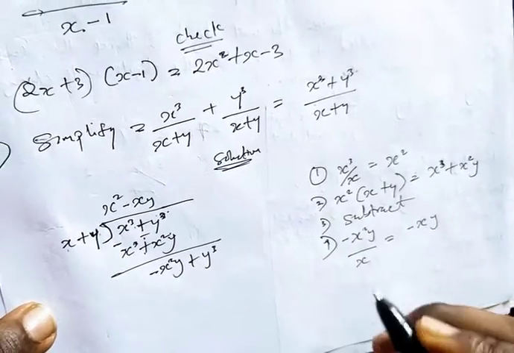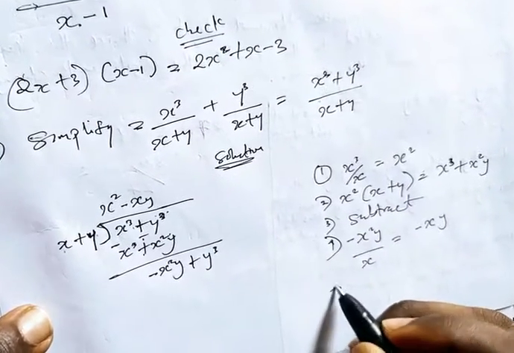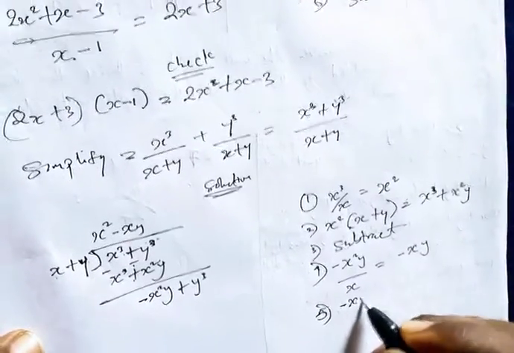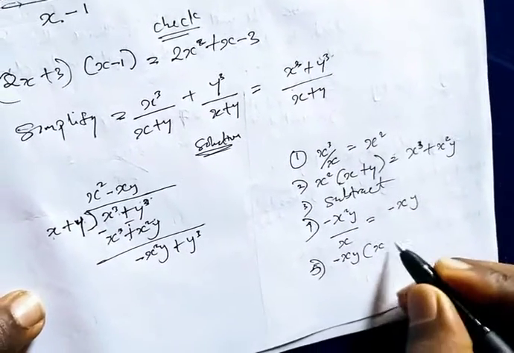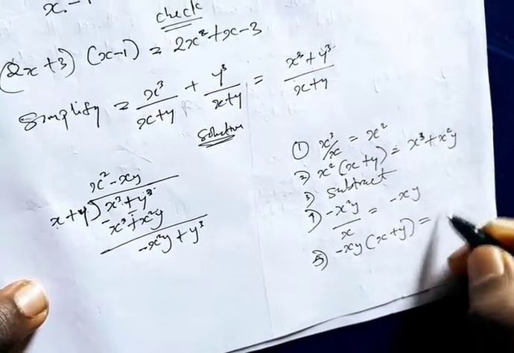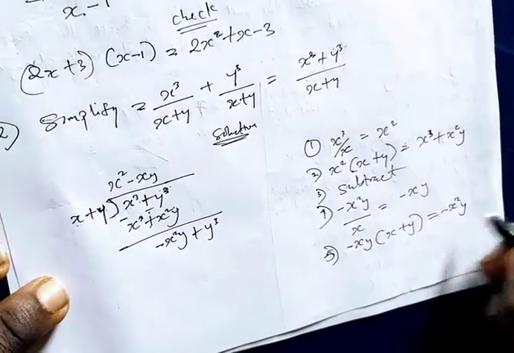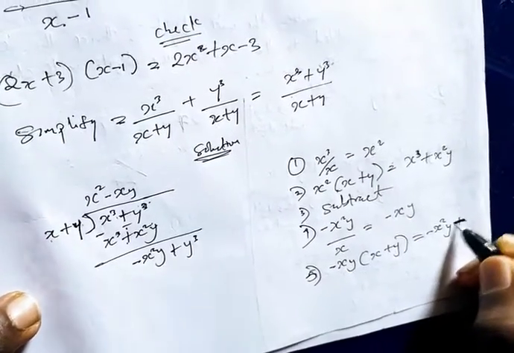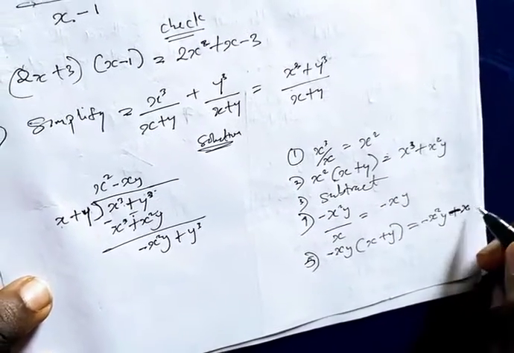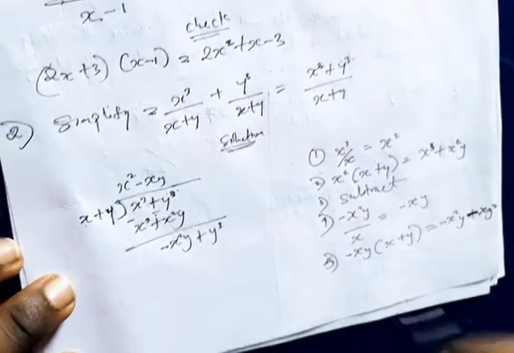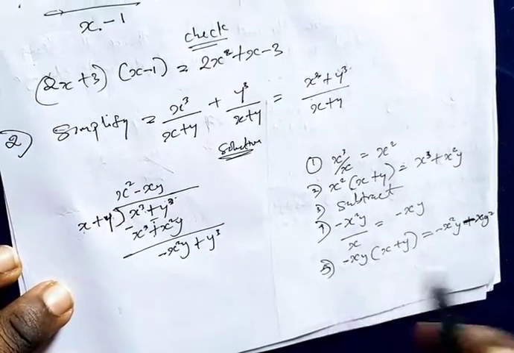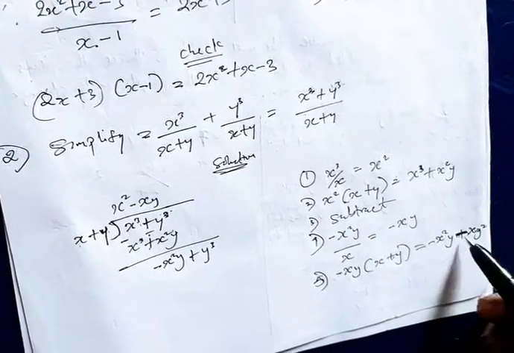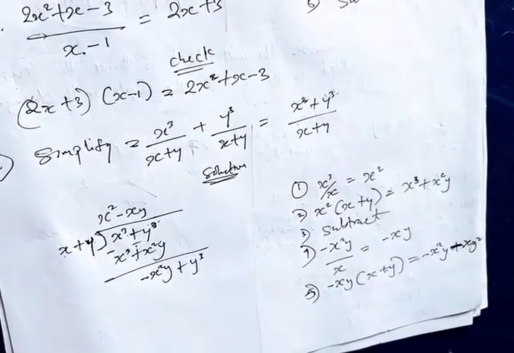Then the fifth step is to multiply negative xy multiplied by x plus y, which gives me negative x squared y minus xy squared, because negative xy multiplied by positive y will give us negative xy squared.